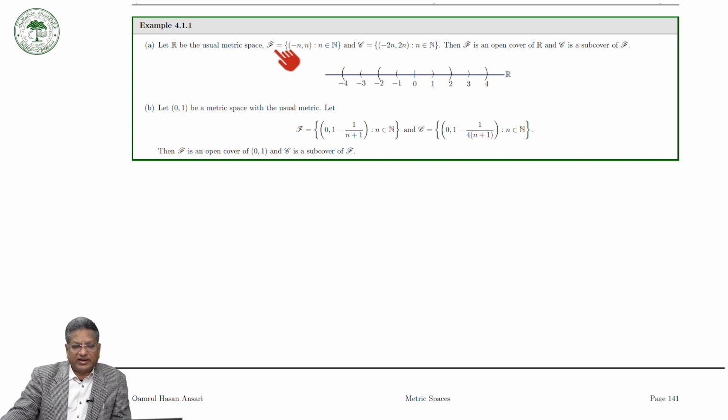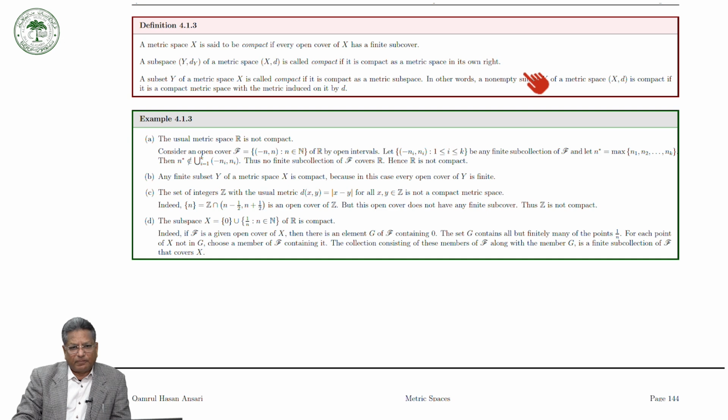You cannot find any finite subfamily of F or C which covers the whole of R, and therefore F does not have a finite subcover of R, and therefore R is not compact. So the usual metric space R is not compact.